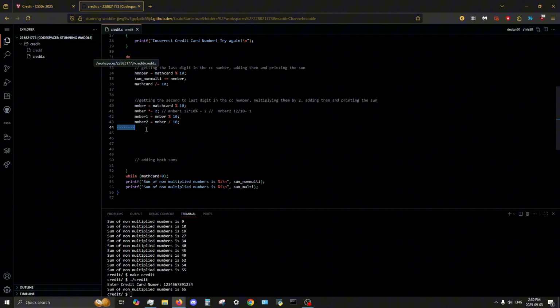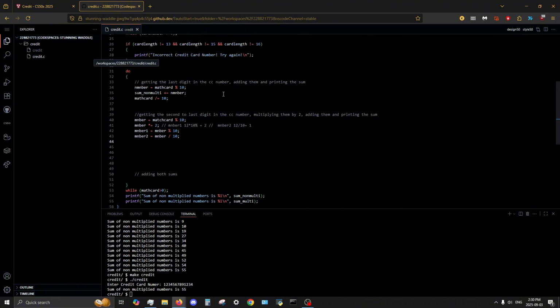So I don't need to do it again here. So here I can just add, so what am I adding? I am adding, so that is the sum underscore multi equal to multiplied.